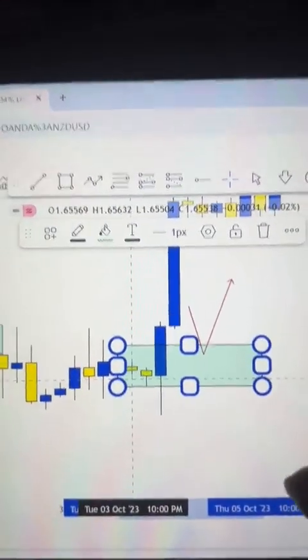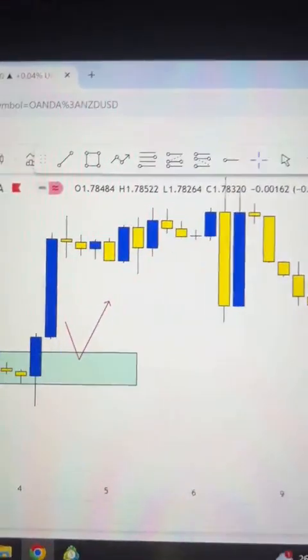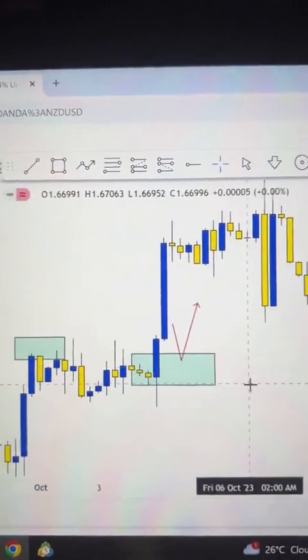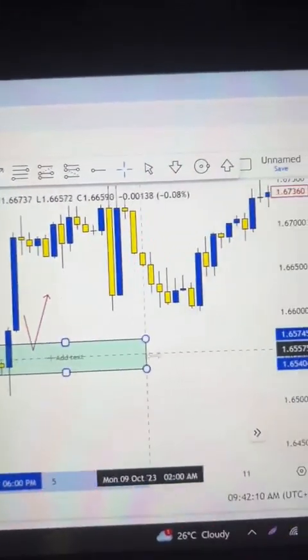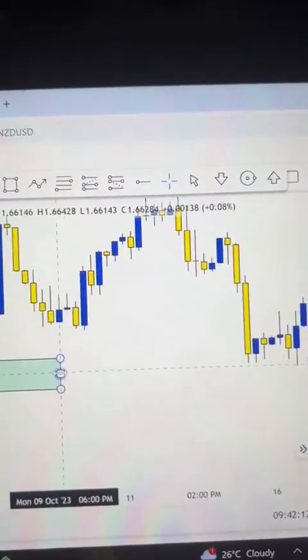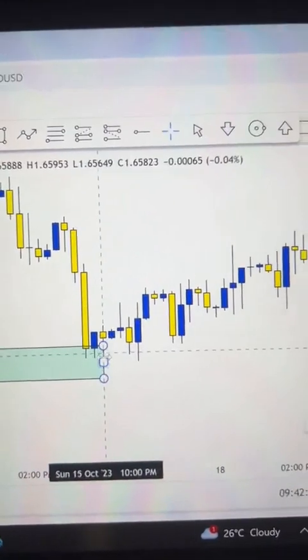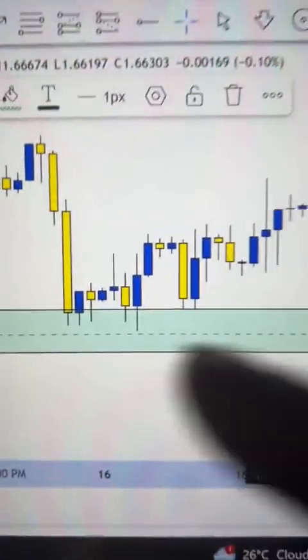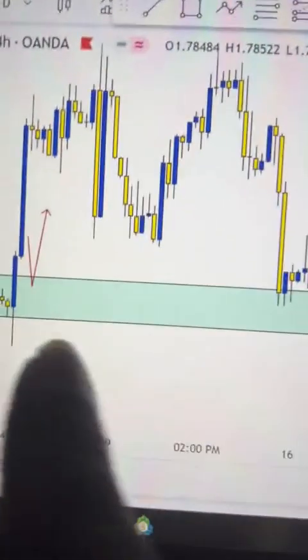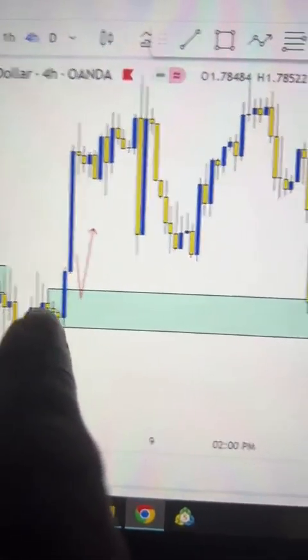So how do you now use it? When you mark your order block like this, you drag it all the way to the future. When price touches it in the future, you are looking for a reaction to buy. You see, this was the order block region here. We have three candles.